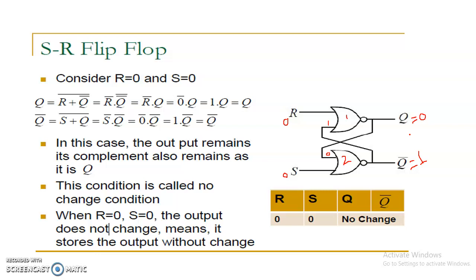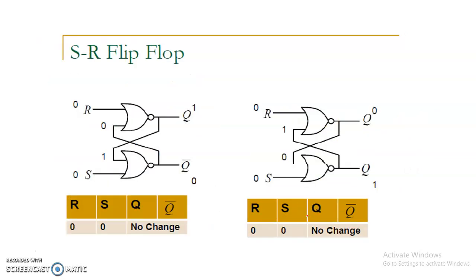I can try out with Q equal to 1 and Q bar equal to 0. Again the condition will remain the same, and it will give me the same values.